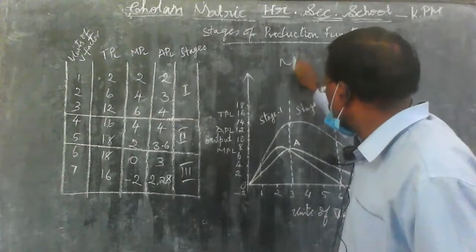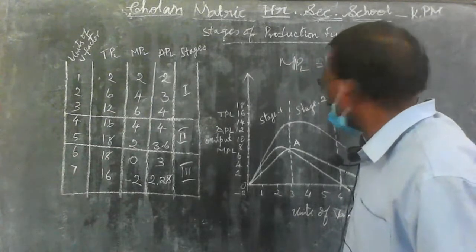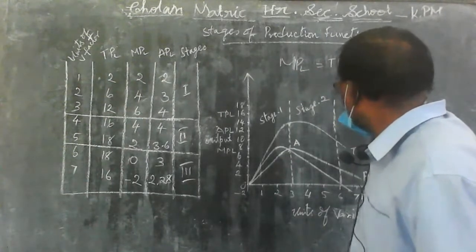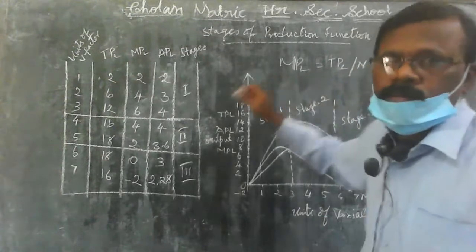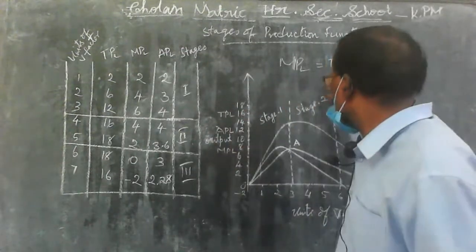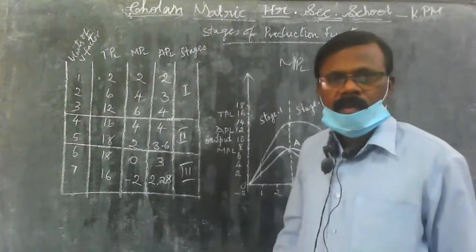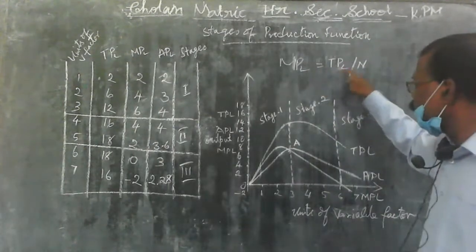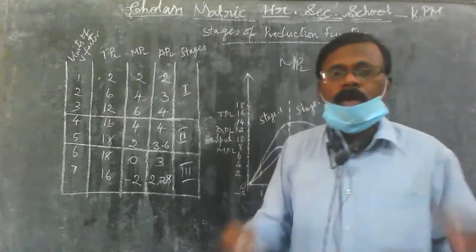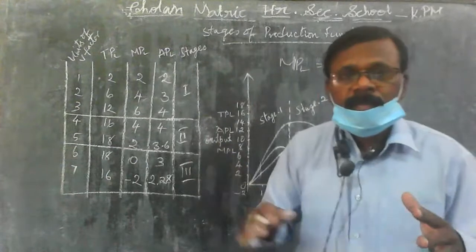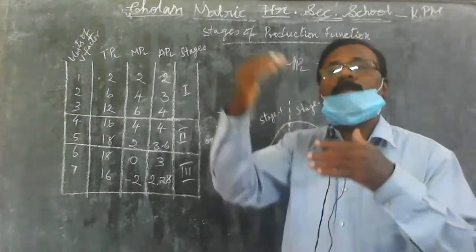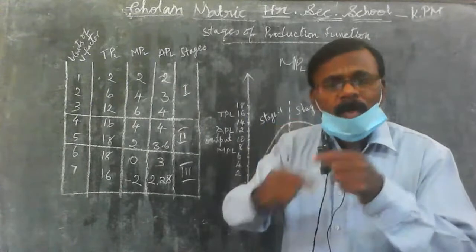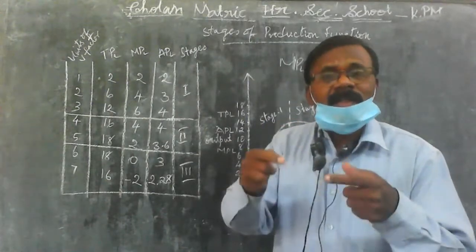MPL is equal to TPL divided by N, or TP divided by N. MPL is equal to total product divided by N. That means the marginal product is the addition made to the total product when one more unit of variable factor is employed.